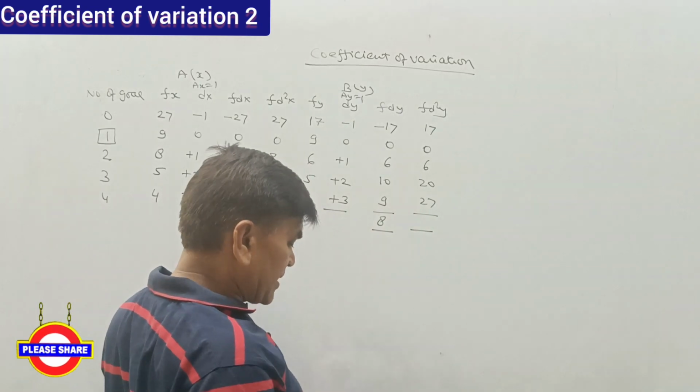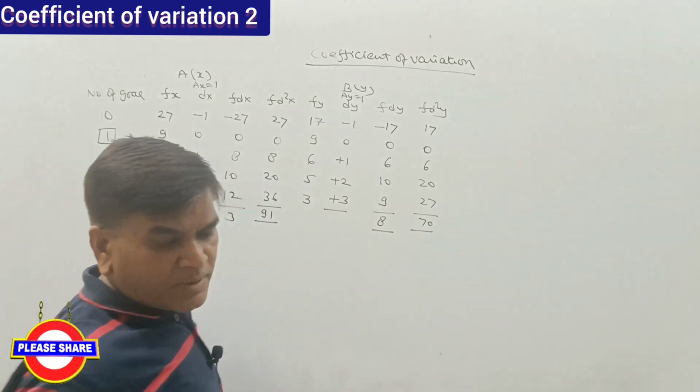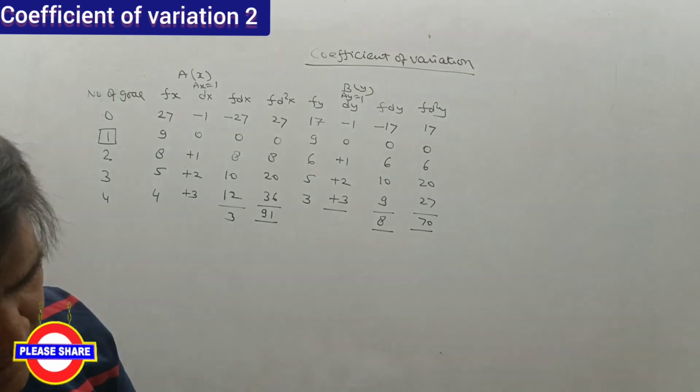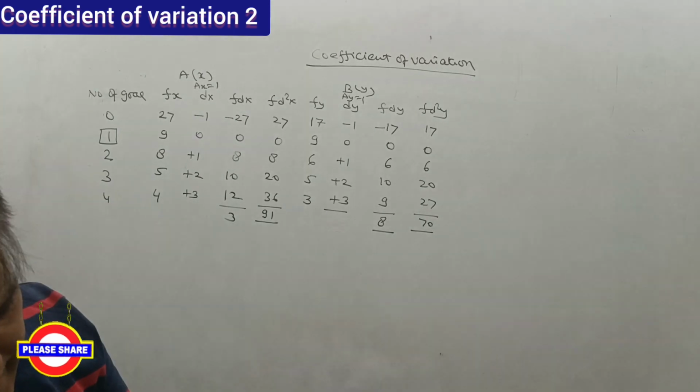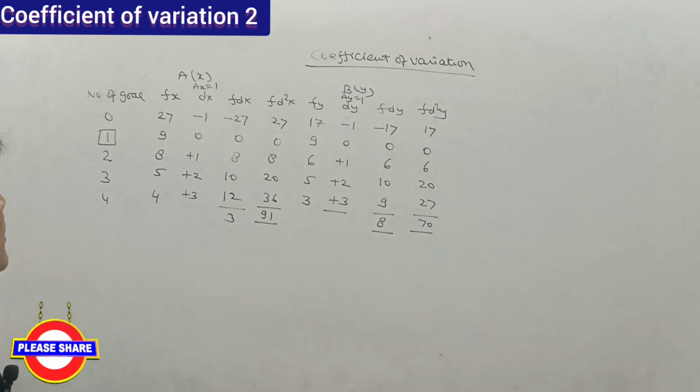So the result is 70. So the result is plus 8 and 70. Okay.